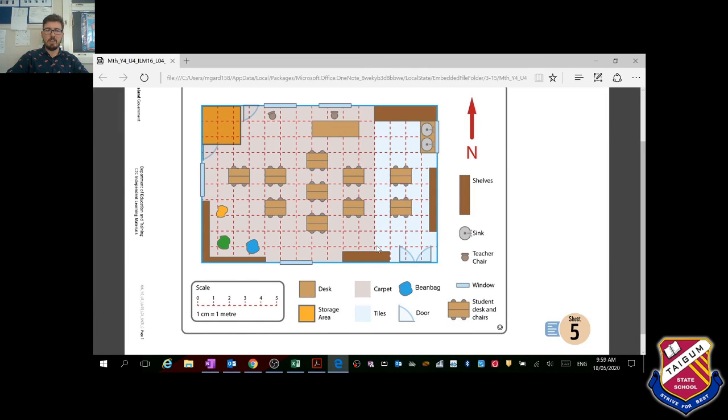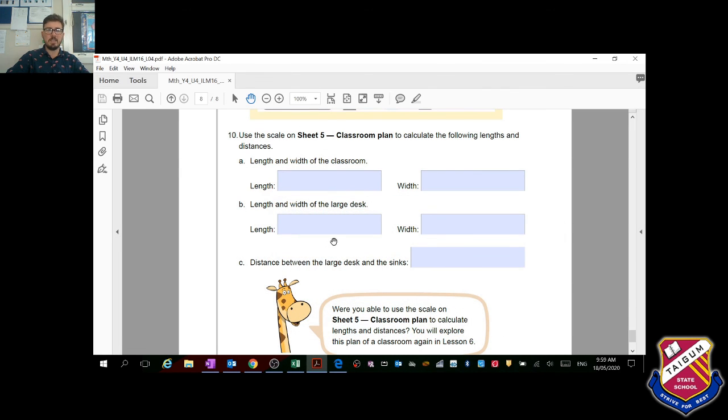The length and width of the large desk. Here's the large desk. So the large desk is 3 meters in length, 1 meter in width.